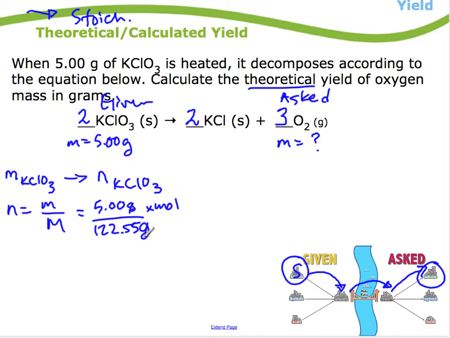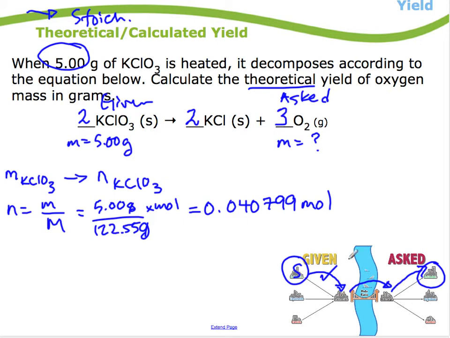When you do that division, you come out to 0.040799, etc. moles. Again, I keep that number in my calculator and only round off at the end. I've got 3 sig figs here, so in the end I'm going to round to 3 sig figs. So that's this step here. I've determined moles of KClO3.